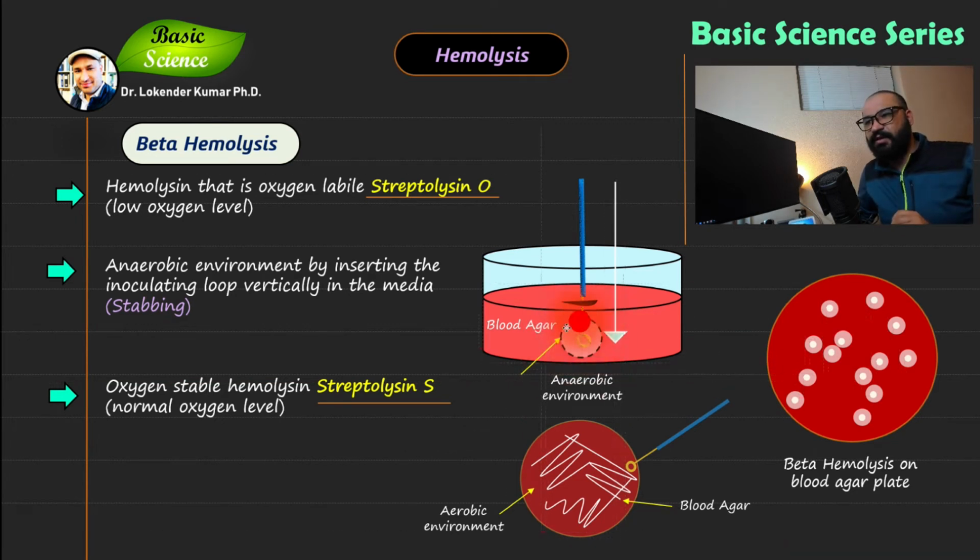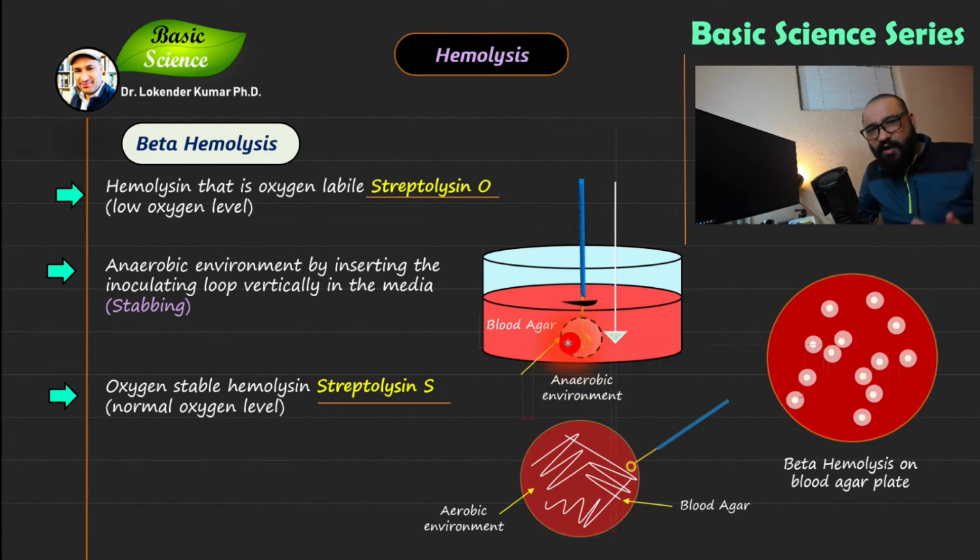The area where the head of the loop is inserted will be considered a partial anaerobic environment or low oxygen environmental condition. If you want to detect Streptolysin O, you can try to isolate the bacteria present in this area and detect whether Streptolysin O is present, or you can try to see the zone of hemolysis in this area.